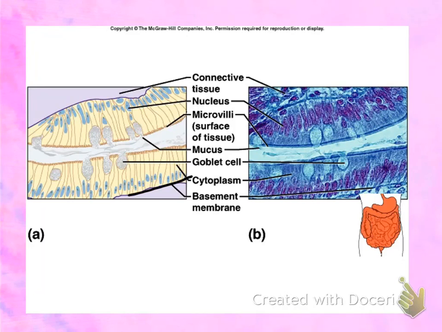So again, the basement membrane is right there and right here. The apical surface is the surface that contains the cilia. That's your apical surface. And this one has the microvilli. You can see the microvilli. And then these structures here, sometimes they'll look like empty spaces, like this here. Those are your goblet cells.